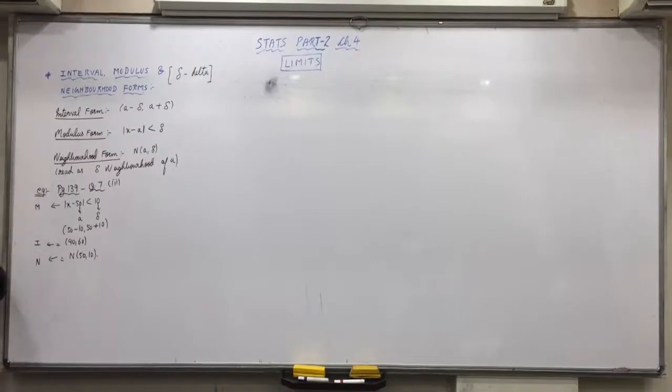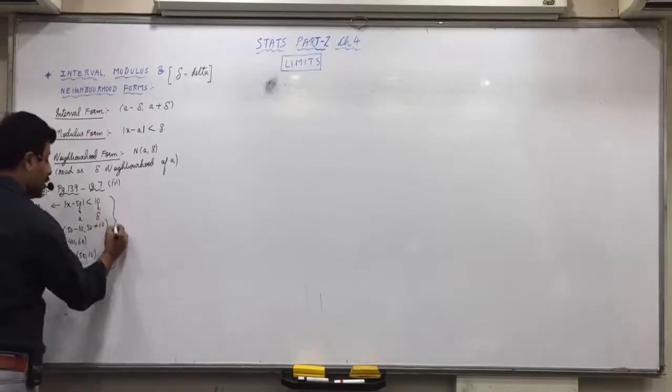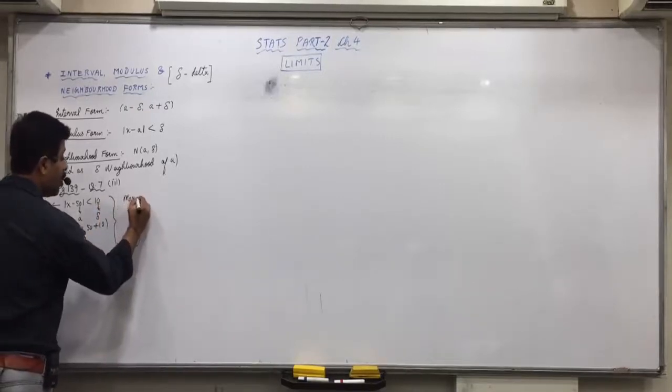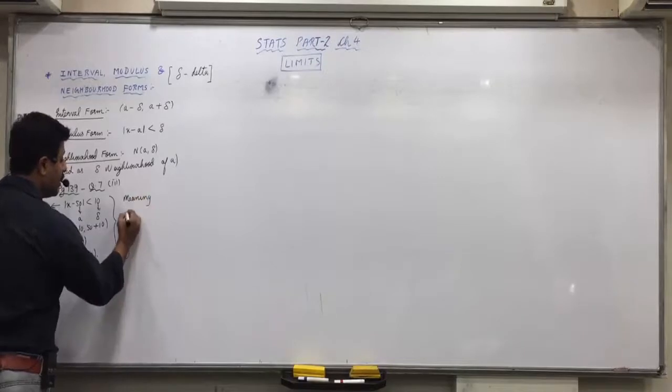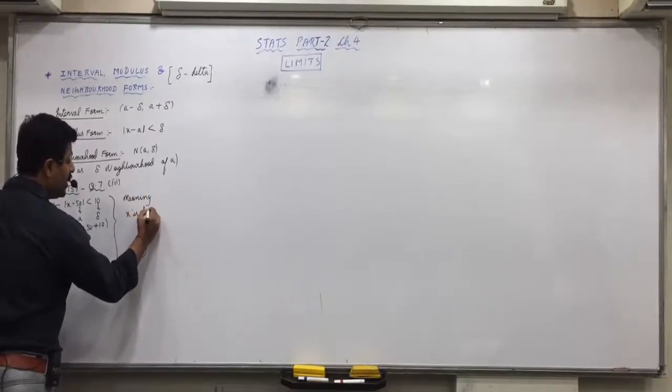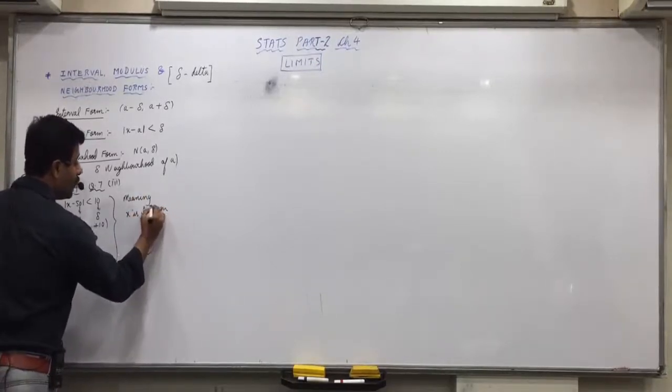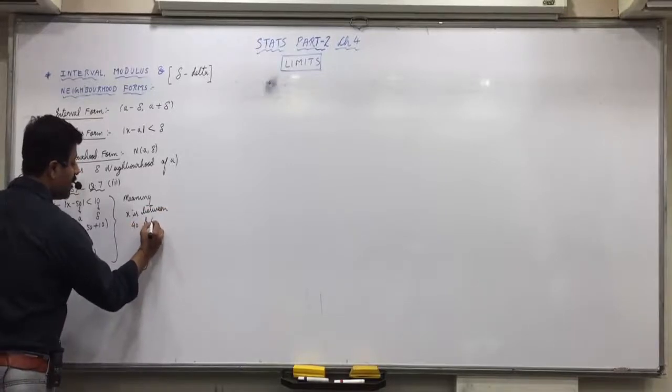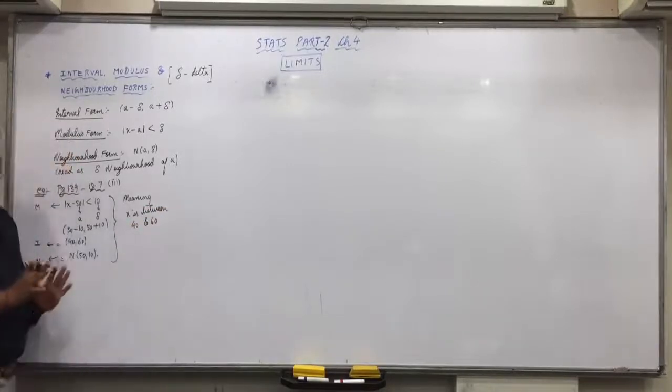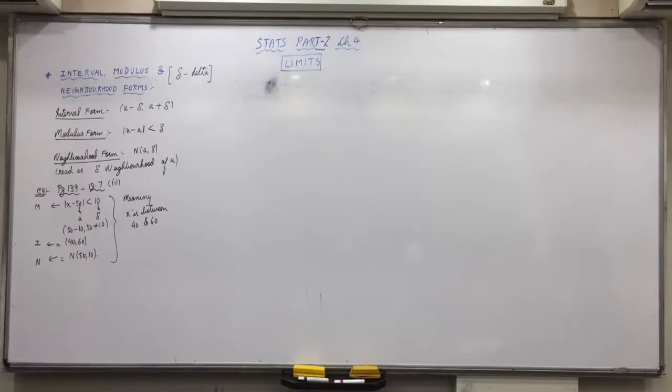The meaning of all three is that the value of x is between 40 and 60, where 40 is not included and 60 is not included. Numbers between 40 and 60 are included. But these are three different ways of expressing the same thing.